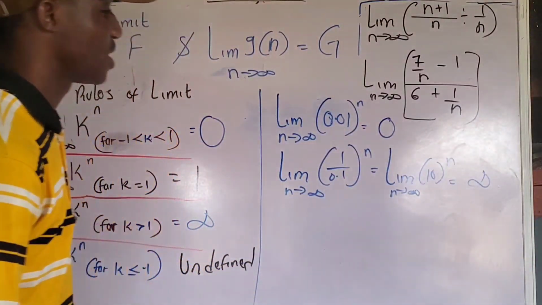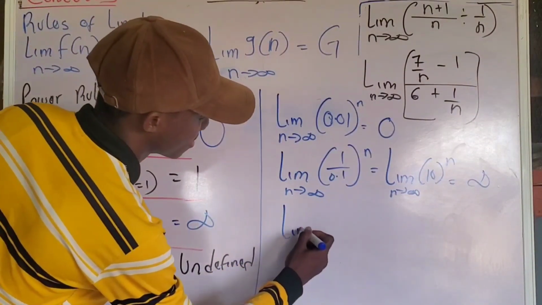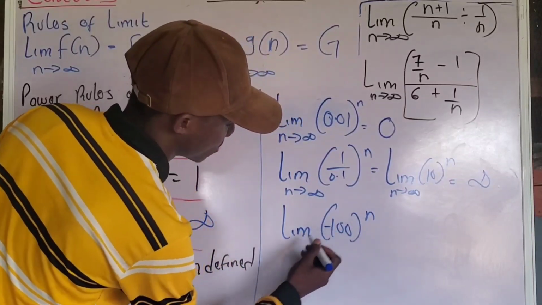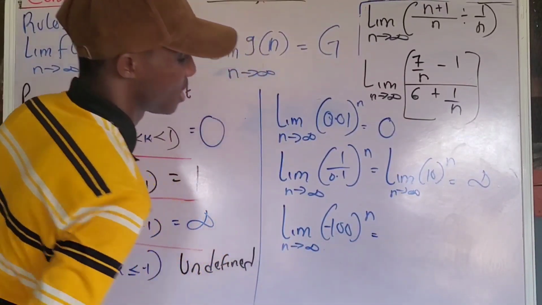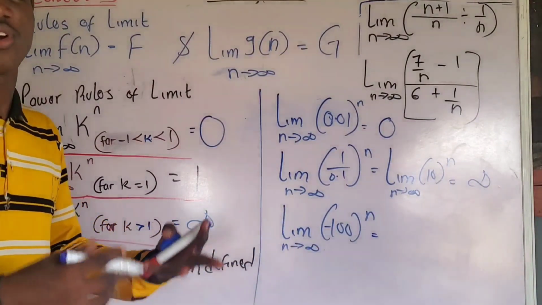Okay. Now, for the third example, let's say we have the limit of negative 100 to the power of n. Now, this kind is undefined.